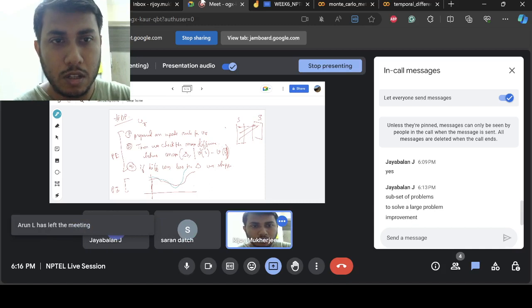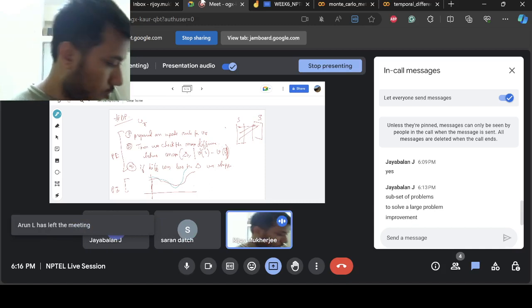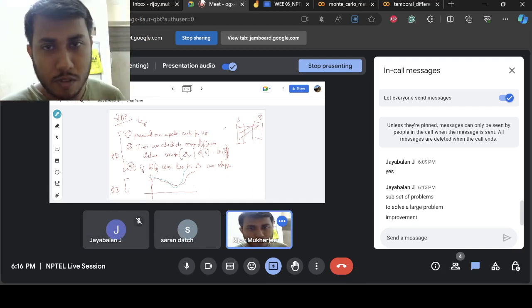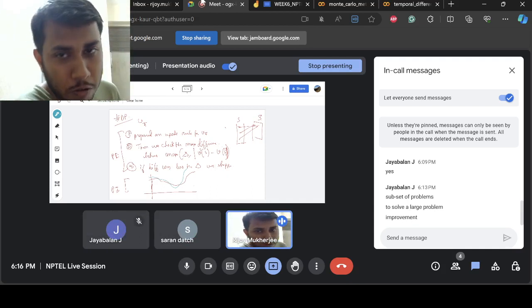This one is your new policy, suppose, right? So how will PI update it?